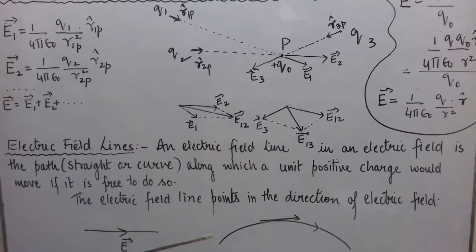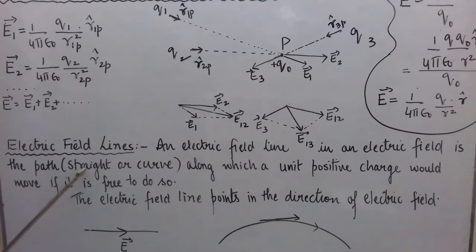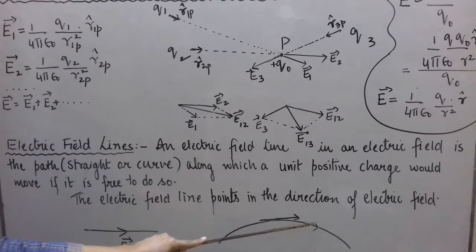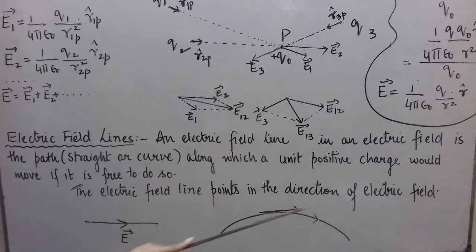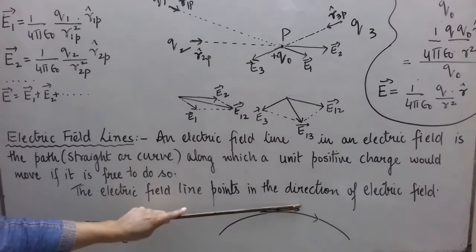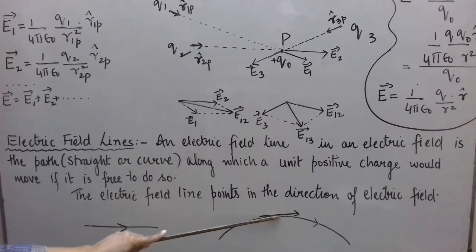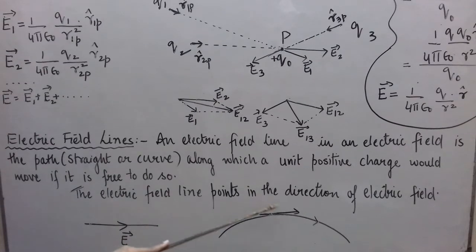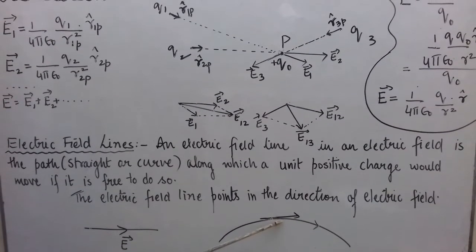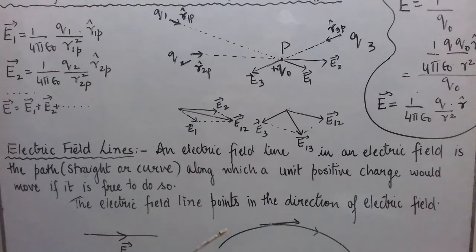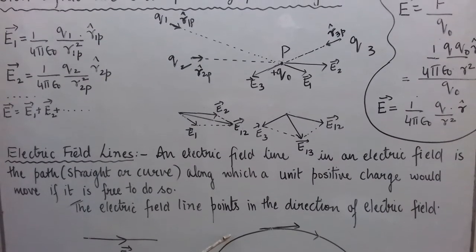Suppose your electric field line is not straight and is curved like this. It should still have an arrow. If this is an electric field line, then at any point the tangent to the electric field line at that point gives the direction of electric field at that point. So when you draw the tangent here, the tangent will have a different direction. So the electric field will have a different direction here, and maybe a different magnitude also.